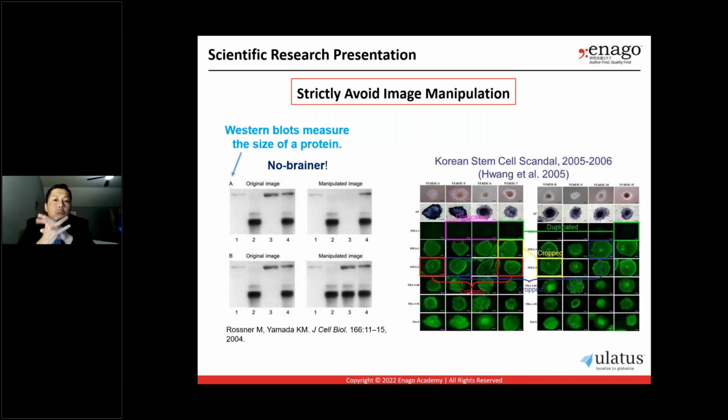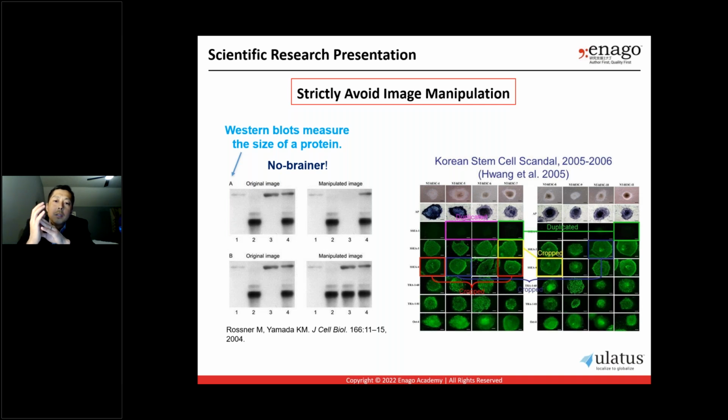When it comes to images and pictures, a lot of people have manipulated pictures with Photoshop, and these are just two examples. On the left one, you see a Western blot where a band was removed, right?